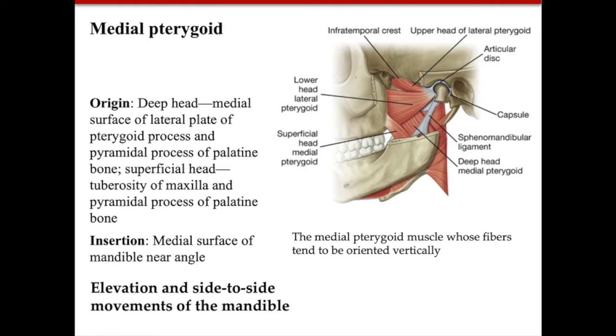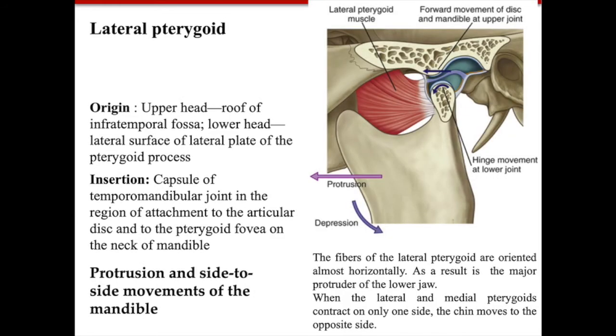The medial pterygoid participates in elevation and side-to-side movements of the mandible, and the lateral pterygoid allows protrusion and side-to-side movements of the mandible. That's pretty much what I would like you to know about mastication. Again, if you focus on what I say, you will be exactly preparing for the exam.